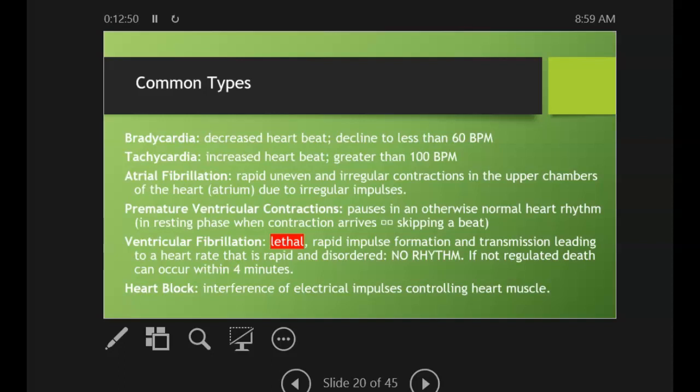The first degree is seen in coronary artery disease or in digitalis drug therapy, and it can be asymptomatic. In the second degree, impulses are blocked in irregular patterns, and the third degree is a blocking of impulses resulting in atrial and ventricular dissociation, an independent heartbeat from the atrium. The third degree is the most dangerous.